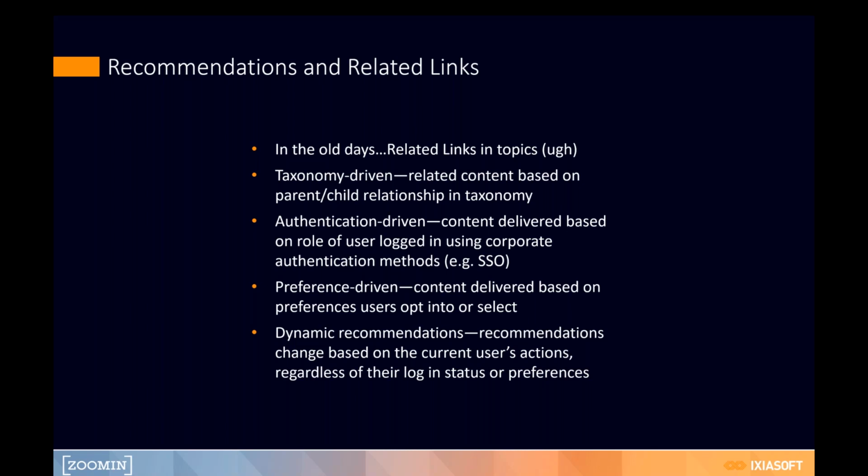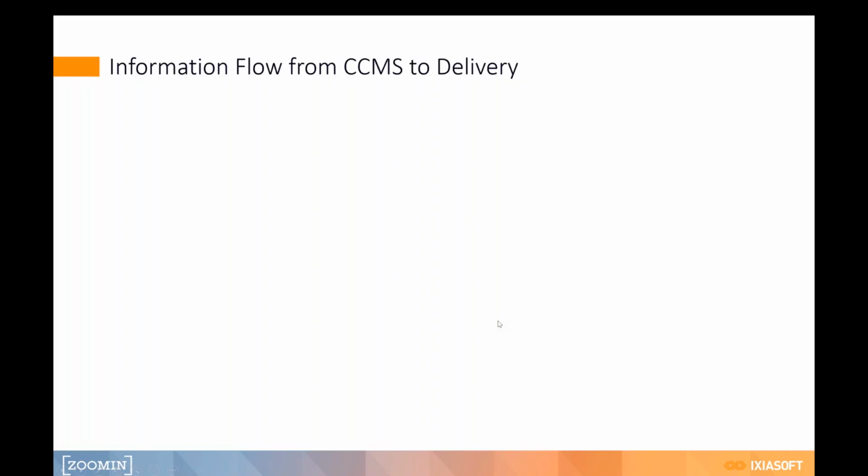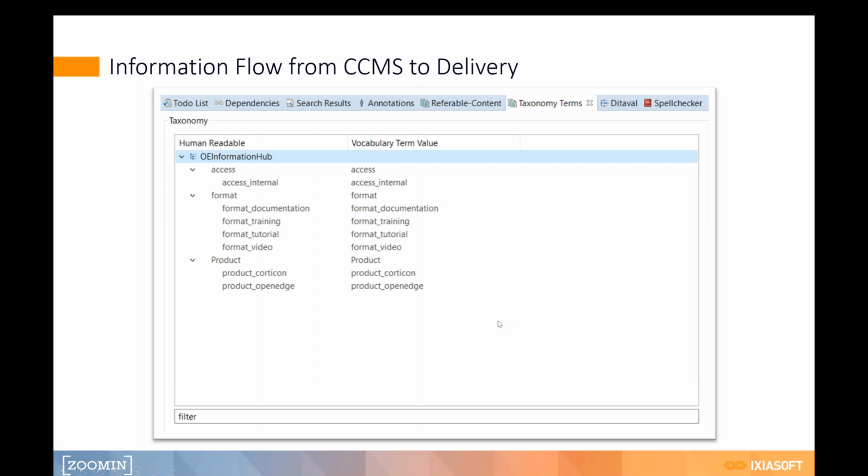Leigh, do you have anything else to say about that? Well, I don't, but I think it's probably time to take a brief look at some taxonomy in action. So we're looking at the taxonomy feature in the IXIASOFT CCMS, and obviously this is one implementation. This is our implementation. There are many different implementations.